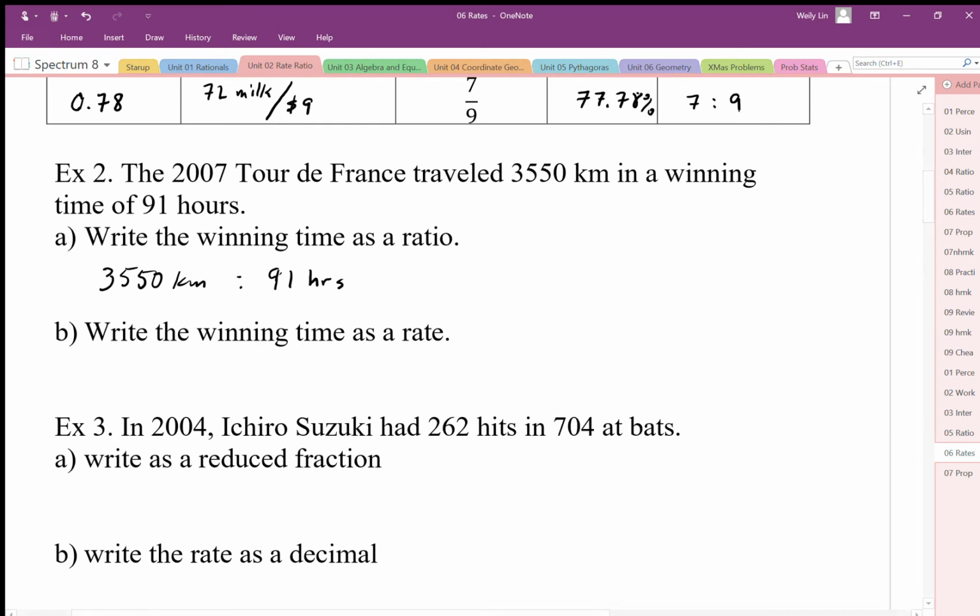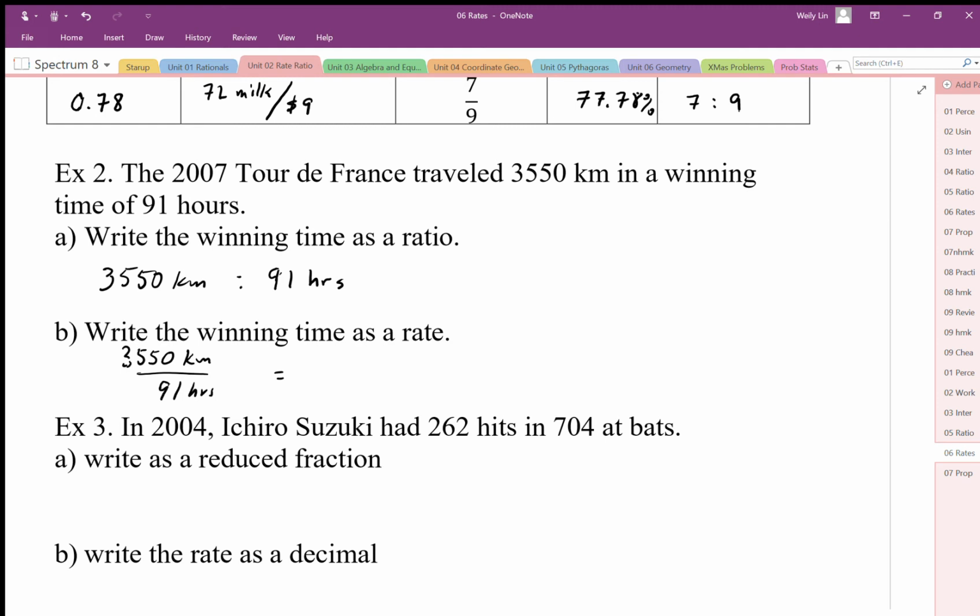Okay, so I'm going to actually write the rate as a unit rate. So we could write this as 3550 kilometers per 91 hours as a rate like that. But we're going to convert this into a unit rate. And the unit rate's a bit more familiar to us because it's going to be kilometers per hour.